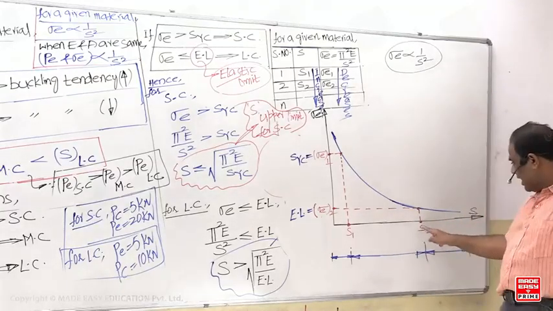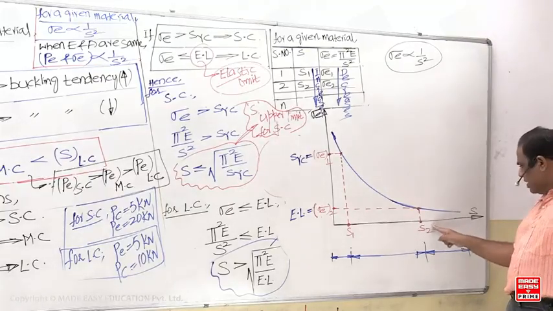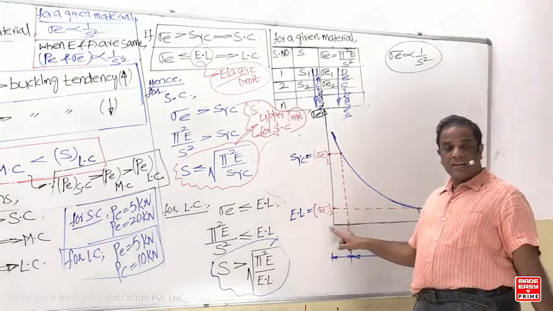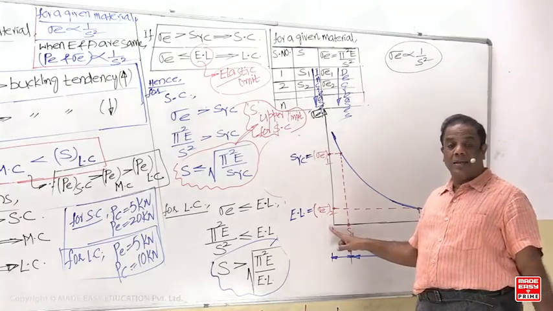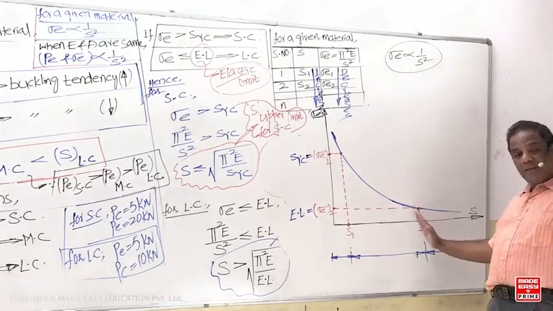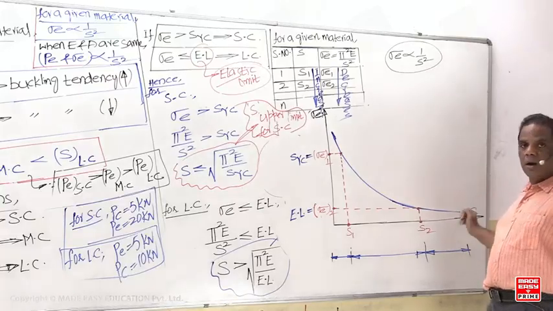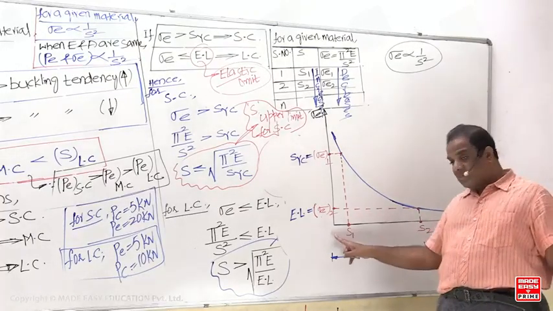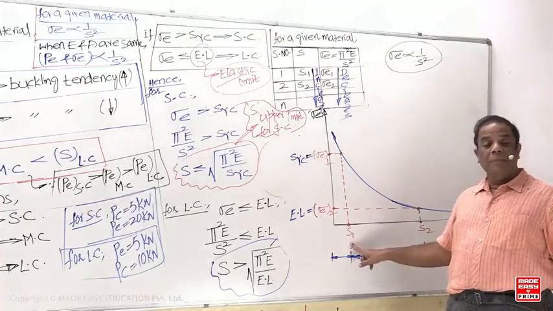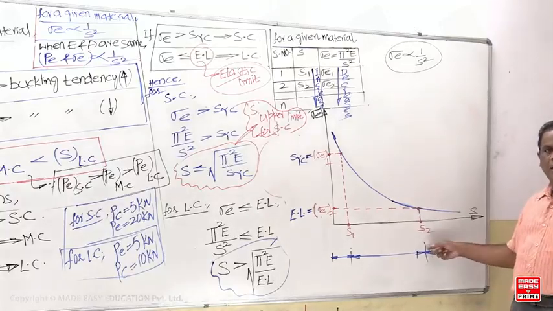Next, if I take any value greater than S2, then the y coordinate is less than the elastic limit, which means it undergoes elastic buckling. So any value greater than S2 represents a long column, and any value less than S1 gives a short column. Therefore, this is the upper limit for the short column and this is the lower limit for the long columns.